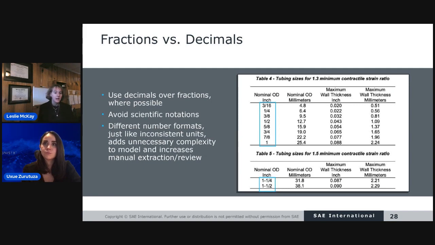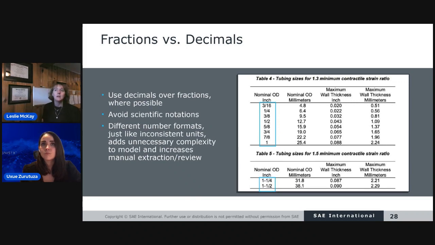But I do understand that you've got to make the trade-off between how easy it is for a human to read and how easy it is for a machine to read. And this is one of those situations. So minimizing as much as possible is the way to go. Also avoid scientific notation and things like that wherever possible.